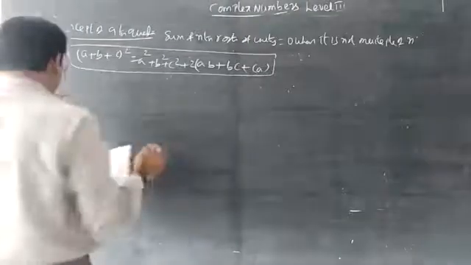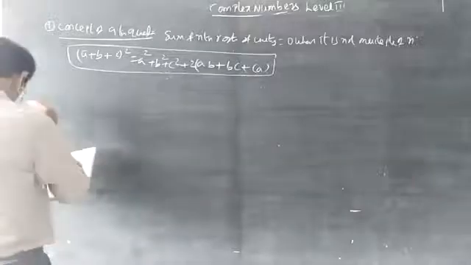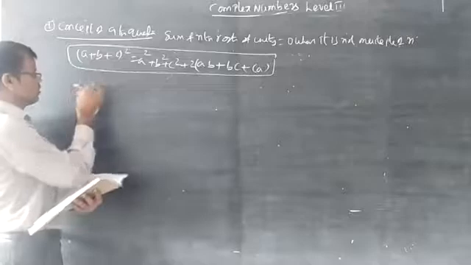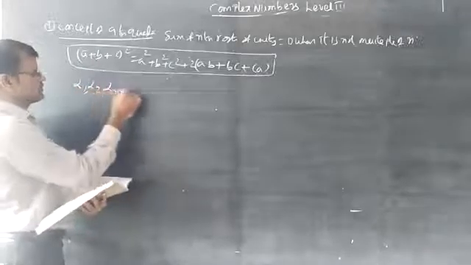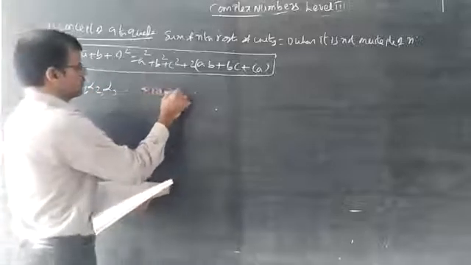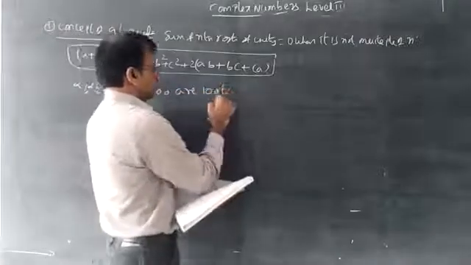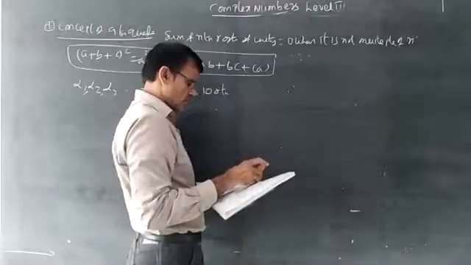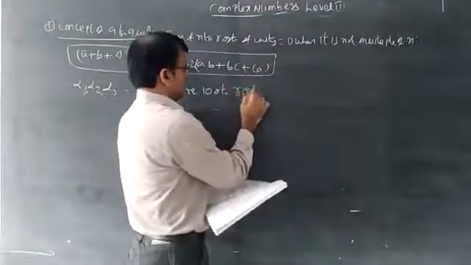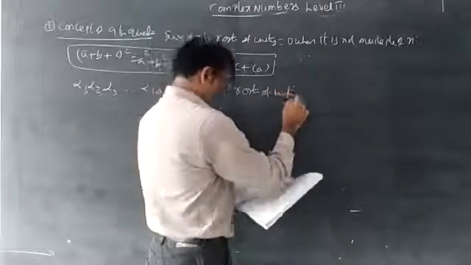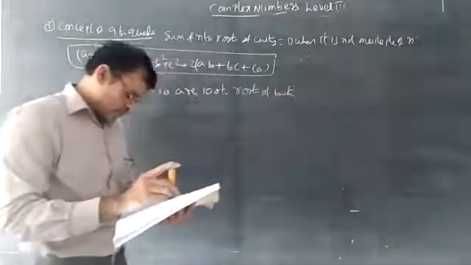Now, alpha 1, alpha 2, alpha 3, and so on up to alpha 100 are the 100th roots of unity.